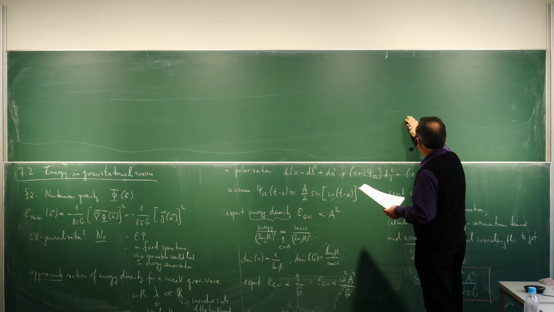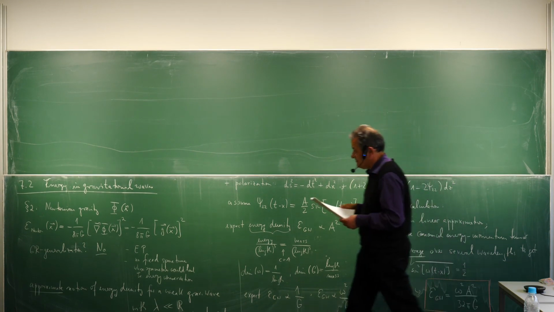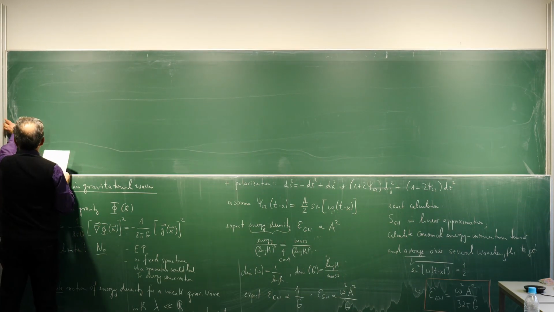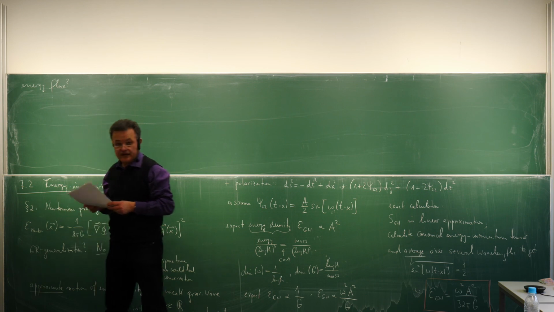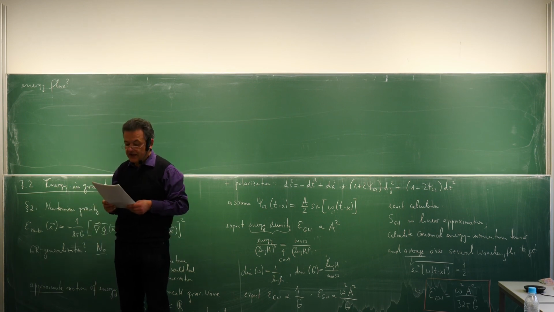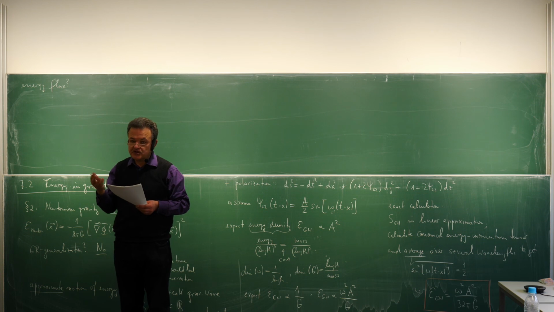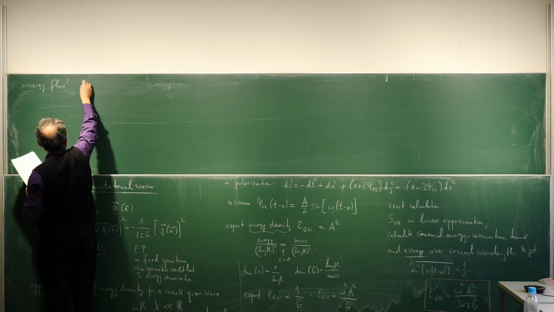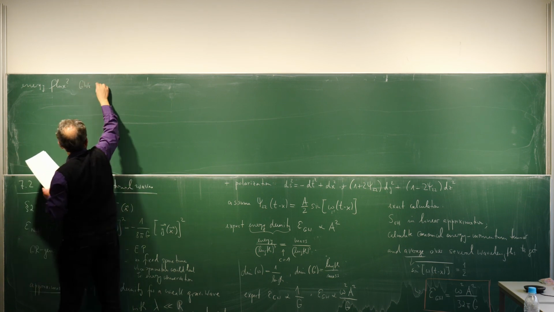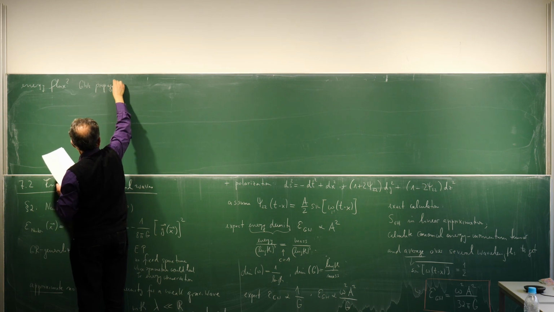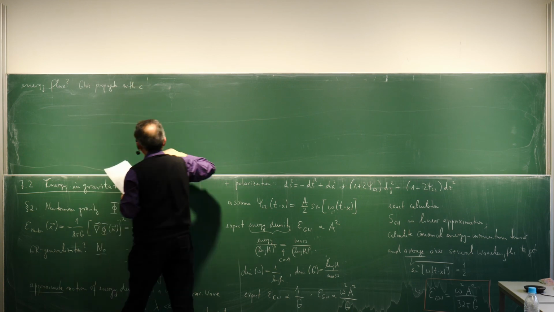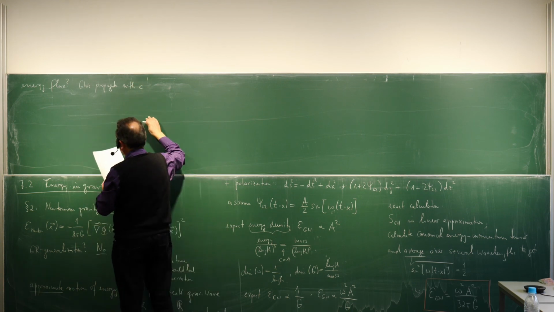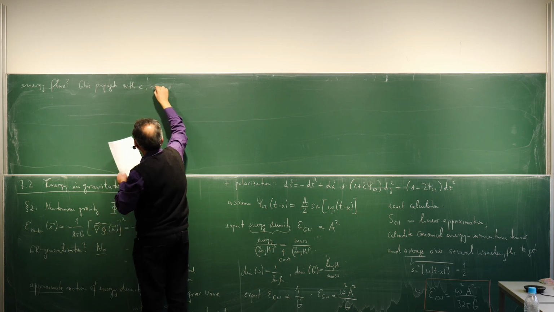Now, you know, from electrodynamics, there's also an energy flux. So what about it? Gravitational waves, we have seen, propagate with the speed of light c. So from a dimensional point of view, energy flux and energy density coincide. I introduce the speed of light here explicitly.